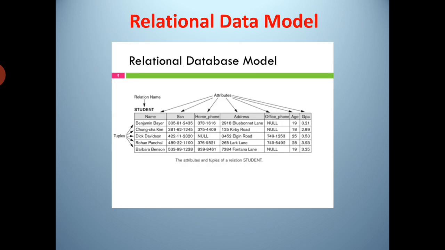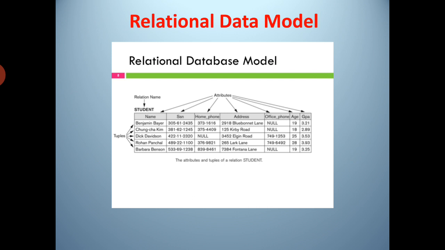Now students, let me introduce you to the relational data model. Different types of database management systems are available and their classification is done based on the underlying data model. A data model describes the structure of the database, including how data are defined and represented, relationships among data, and the constraints.